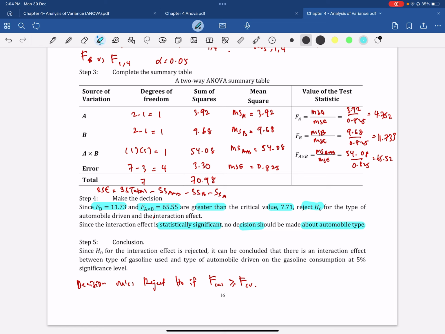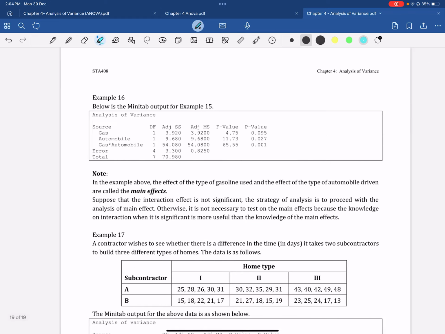So for the conclusion, since F for the interaction effect is rejected, it can be concluded that there is an interaction effect between type of gasoline use and type of automobile driven on the gasoline consumption at 5% significance level. So this is how you write your hypothesis conclusion for two-way ANOVA.